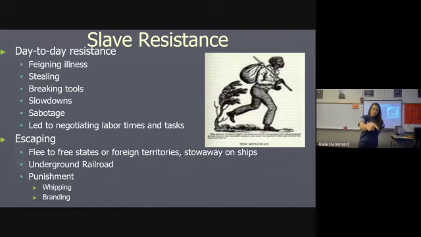Well, here's an example of Nat Turner. He was a slave who learned how to read and write, and he read the Bible, and how he interpreted the Bible was that slavery was wrong. So this is an example of a different interpretation, an example of Christianity being a reason to be against slavery.